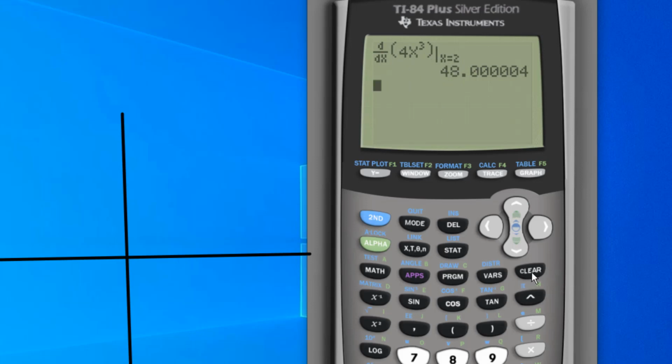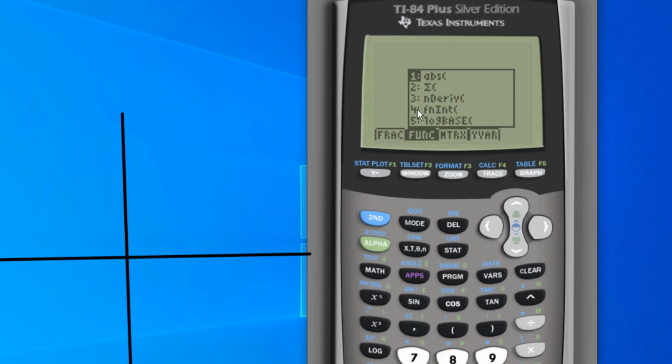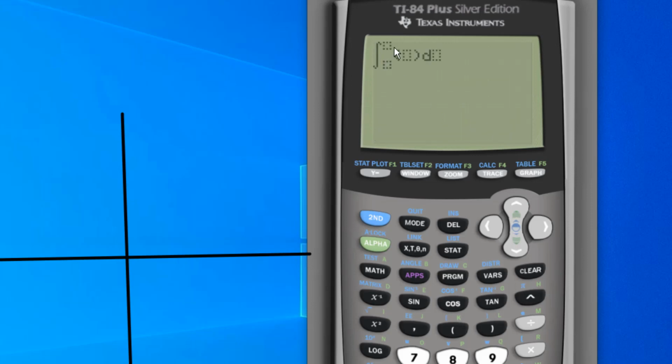Okay, so let's clear this. And let's go to that one again, the second one, F2. Now I'm going to go to number 4, and this is the integral. Again, this is calculus. For the integral, again, we need limits.